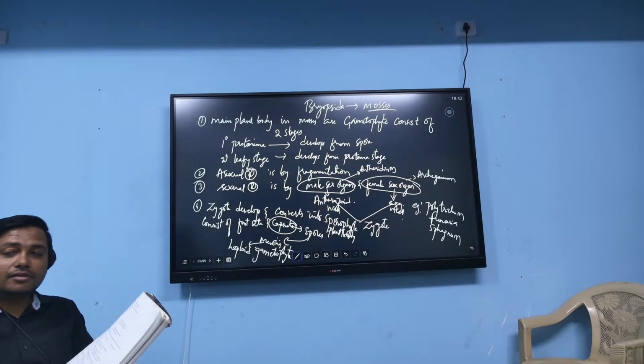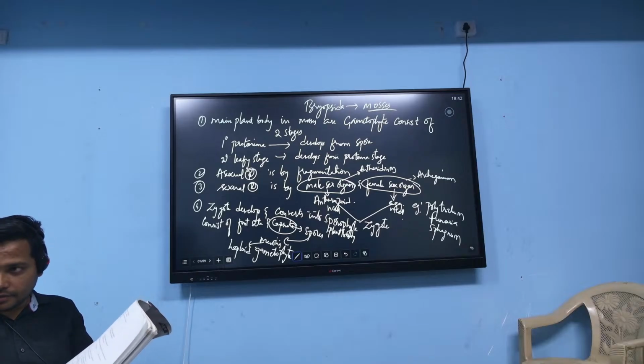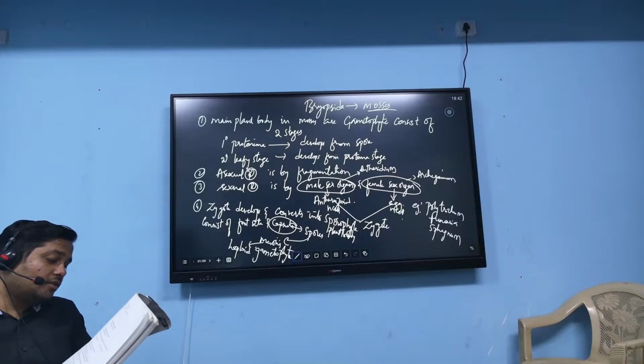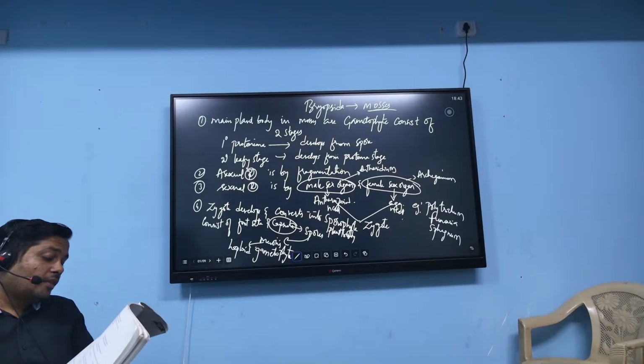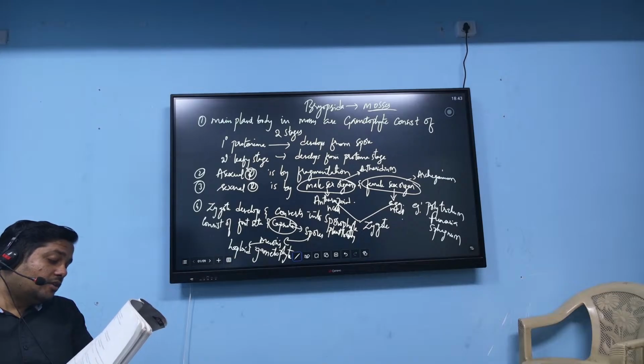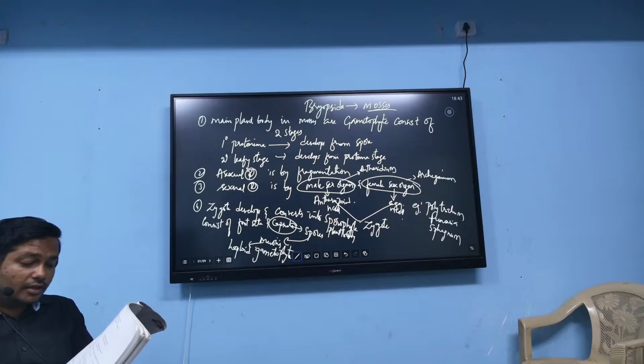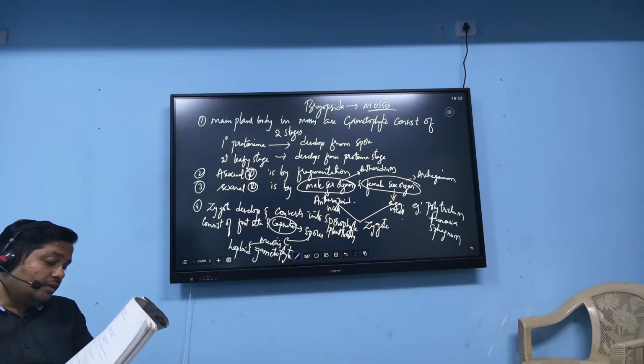And presence of autotrophic nutrition. Algae also shows autotrophic nutrition, and bryophytes also show autotrophic nutrition. We are not able to see a filamentous body in bryophytes. We are not able to see differentiation of the plant body into root, stem and leaf.